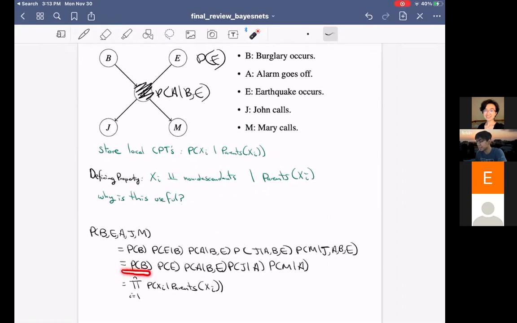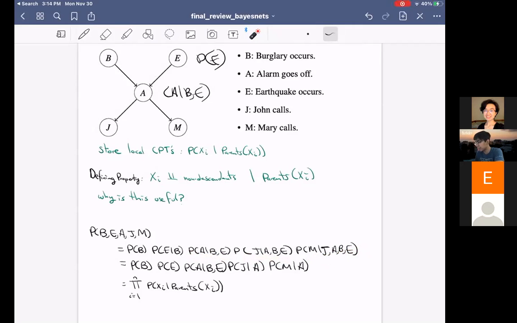The P of B remains the same, but P of E given B is just the same thing as P of E, because we're given all of E's parents, since it has none. Given all of its non-existent parents, E is independent of all non-descendant nodes. So E is independent of B because B is not a descendant of E. We can do this simplification for every probability here.